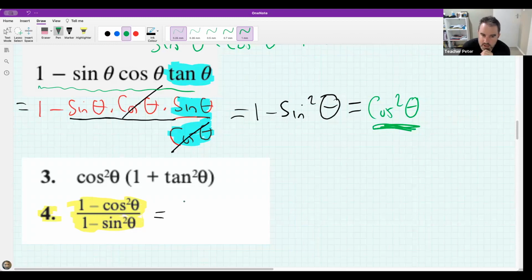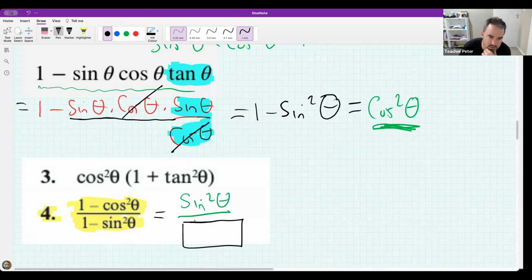I'll give you a little hint. I think that this top thing can be replaced with sine squared theta. The question is, what is going to go in the bottom part?